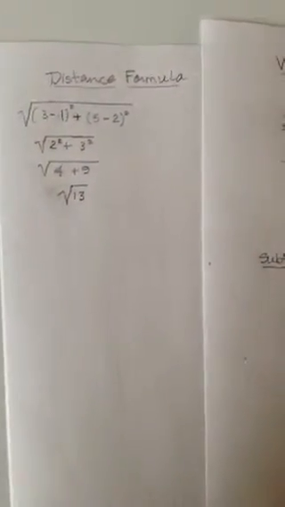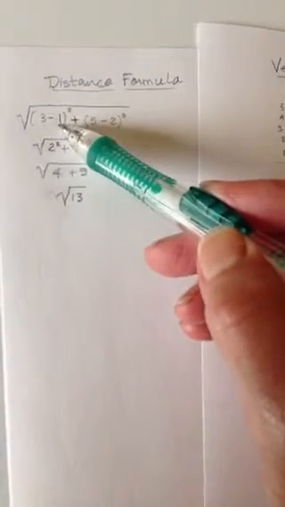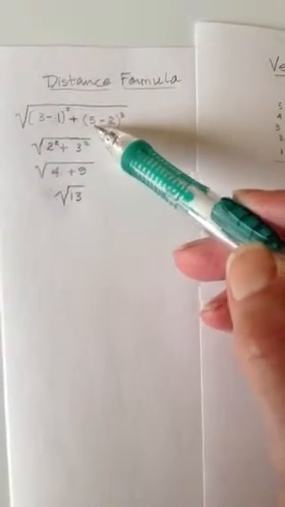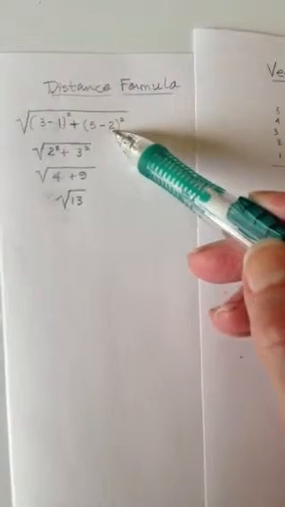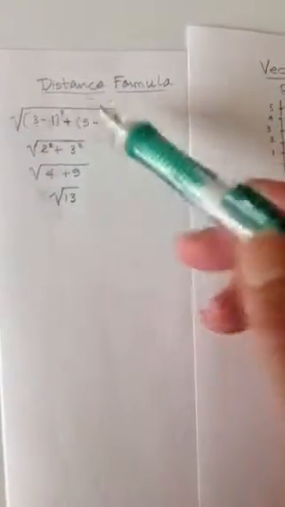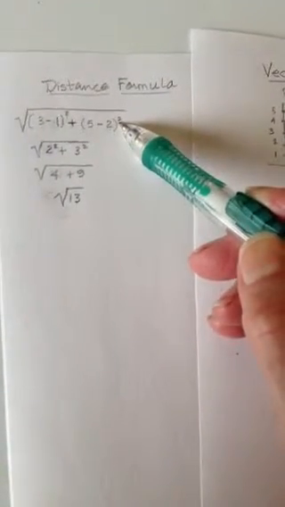Now, the difference in the x coordinates, which is 3 minus 1, squared, plus the difference of 5 minus 2, squared.